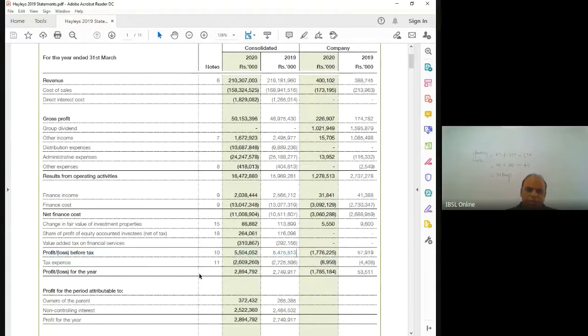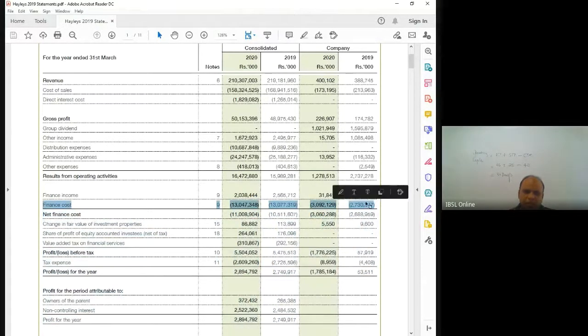Now, for somebody to calculate the EBIT, earnings before interest and tax, what do we need to do? We need to take the profit, that is profit after tax, and add the tax amount, and you add the interest paid. Now, when it comes to this type of company, you see here the finance cost.